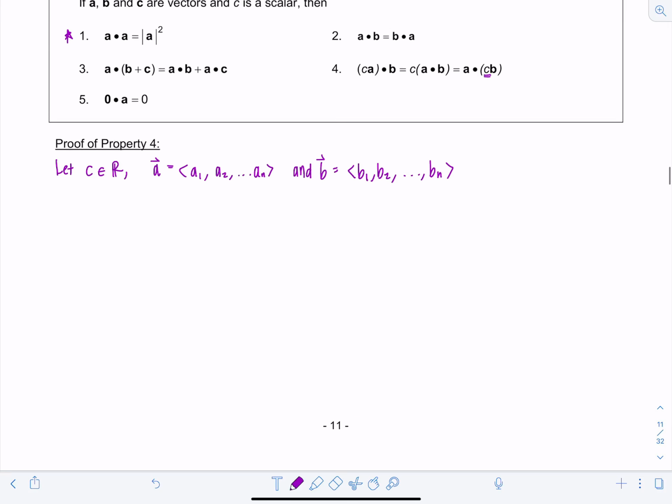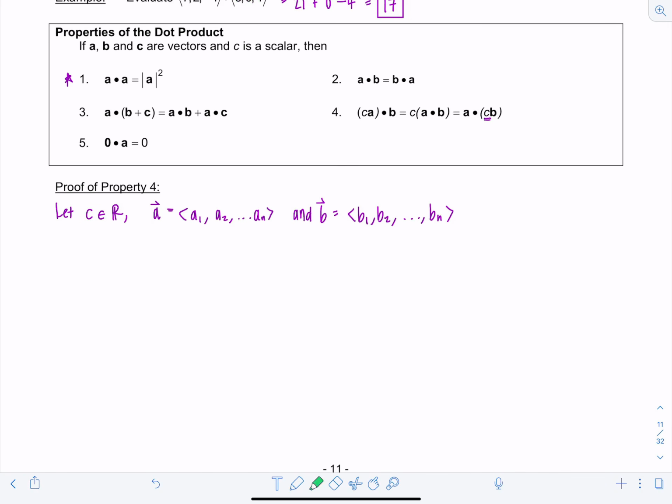I'm just going to focus on this first equality right here, that first statement. I'm going to begin with c times vector a dotted with b, and now I want to show that that equals c times a dotted with b.